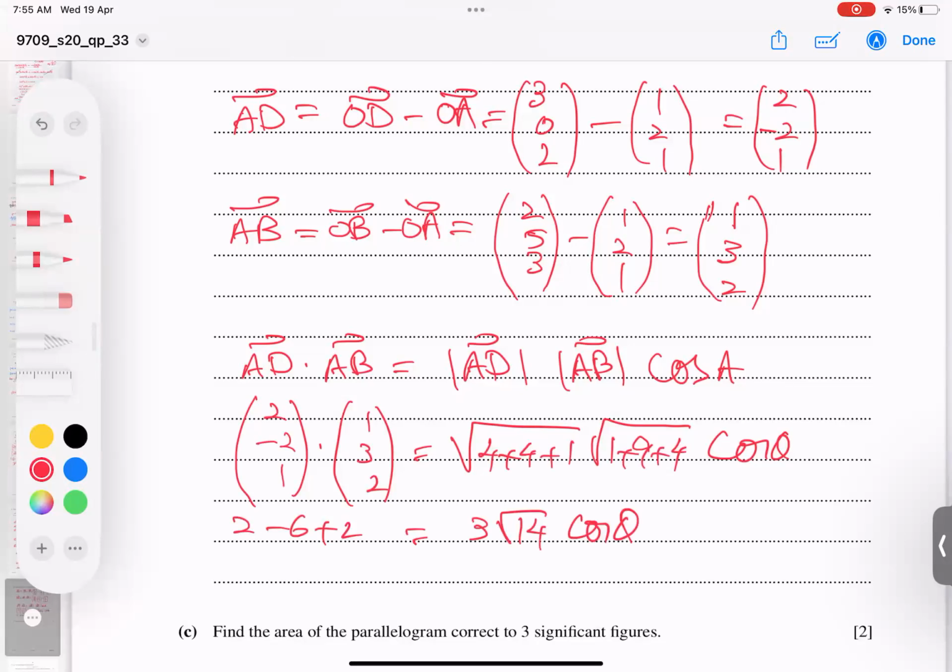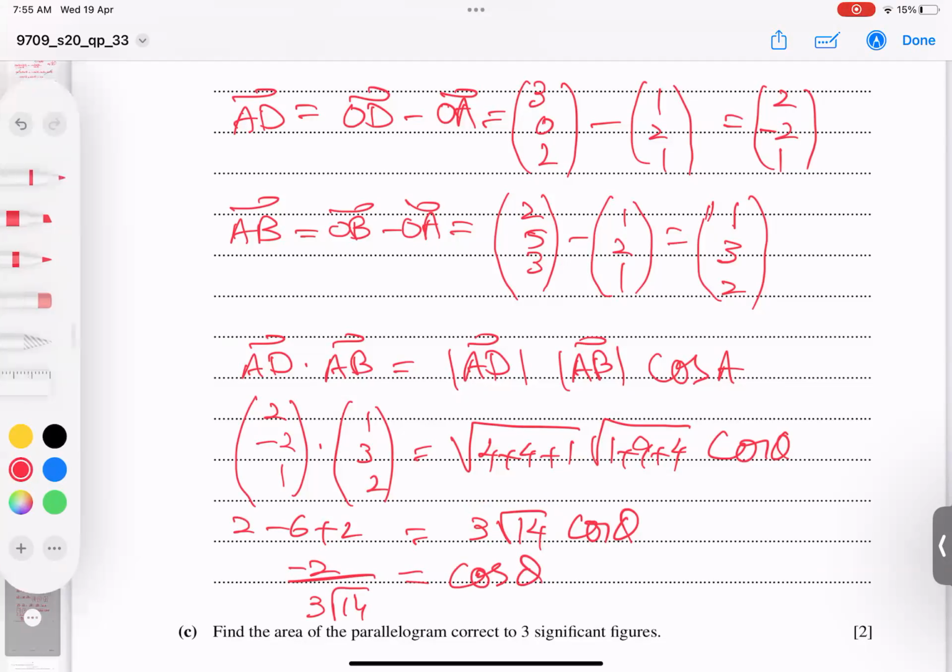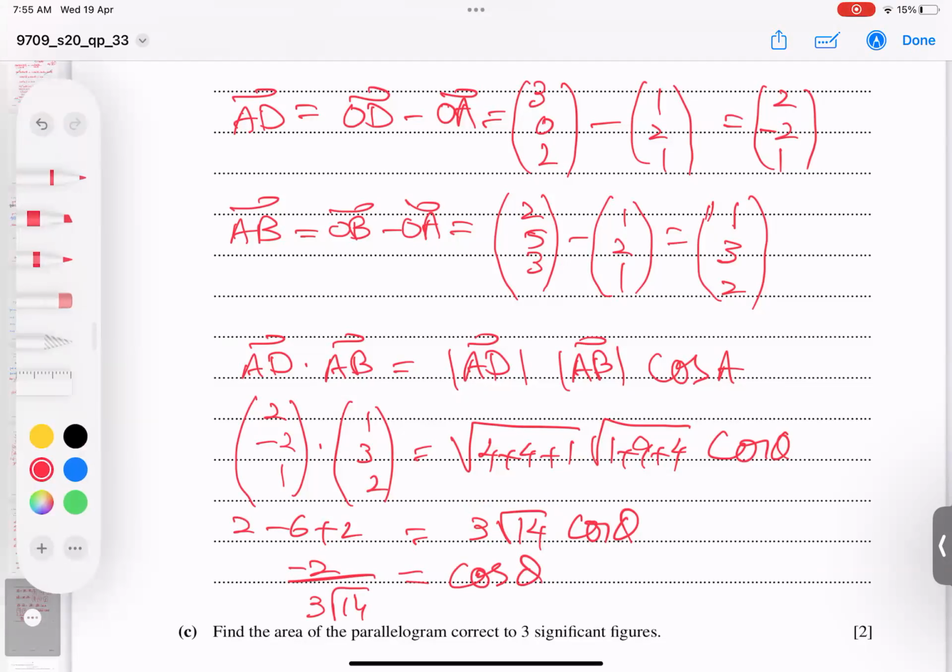So this will go down. This is a 4, I got a 2. And both will divide down. And here I got minus 2 actually, sorry, 3 root 14. And then I'm going for cos theta. Okay, let me check, because the angle is coming negative.